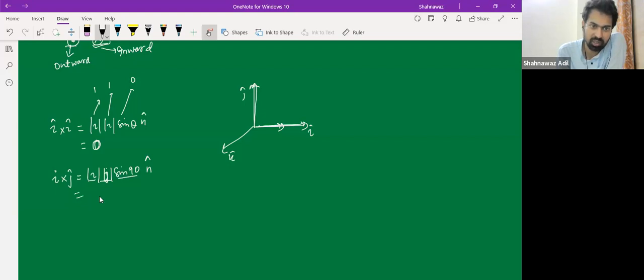So this is 1, and n cap we need to calculate. If I place my palm in the I direction and curl all four fingers toward the J direction, what direction would I get?